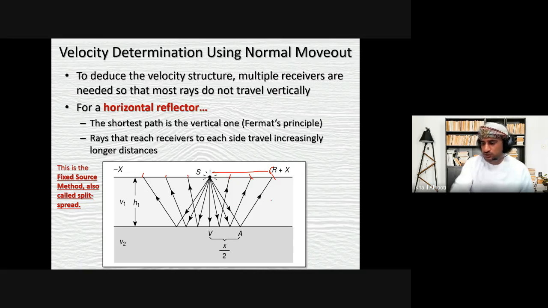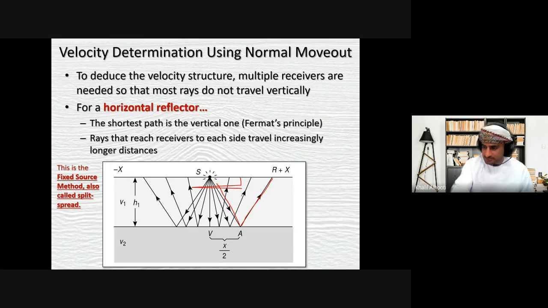So if you use the Pythagorean theorem, because this line from S to A is equal to the line from A to here. Am I right? This line is equal to this line.